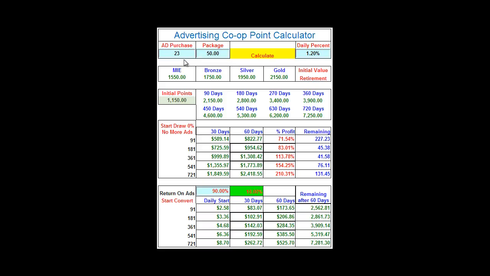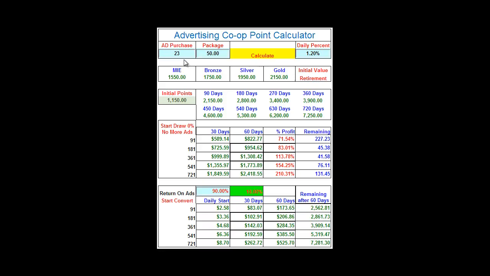Needless to say, there is a significant difference, and the only logical choice is to be gold if you are going to purchase media units. The rest of the calculator is based on being a gold. You make substantially less over a year or two with any rank below gold.